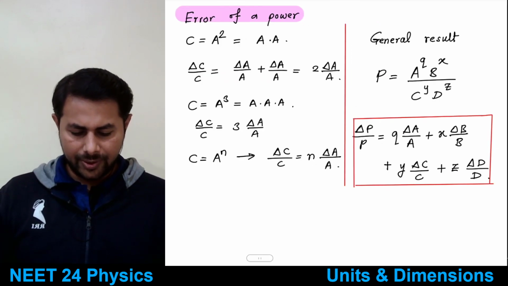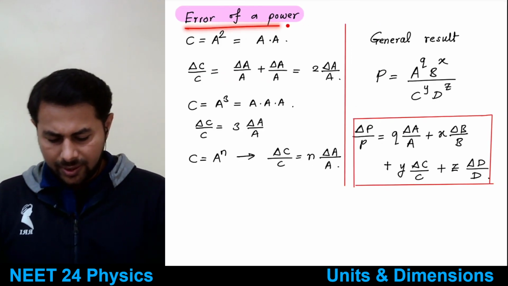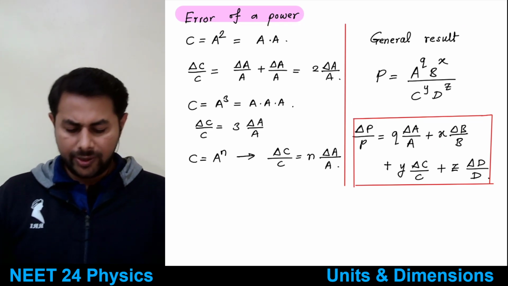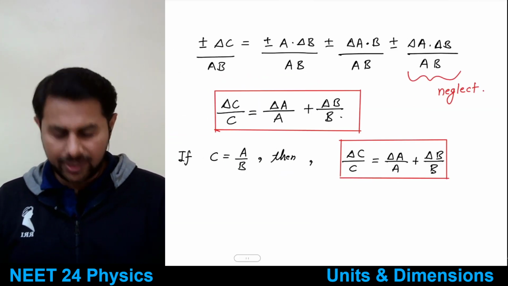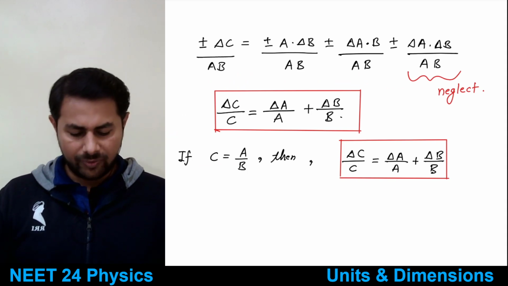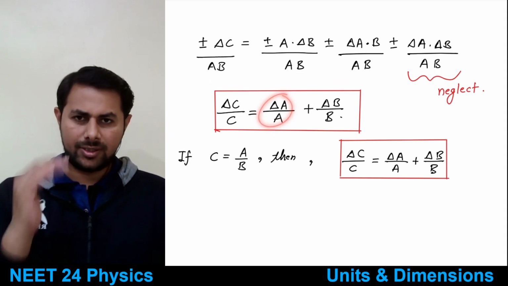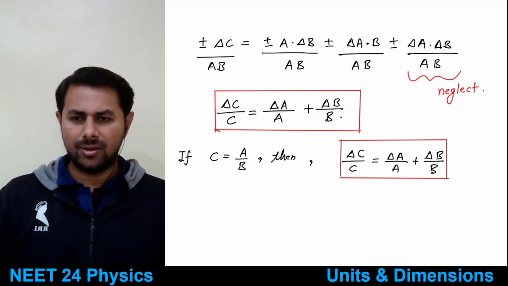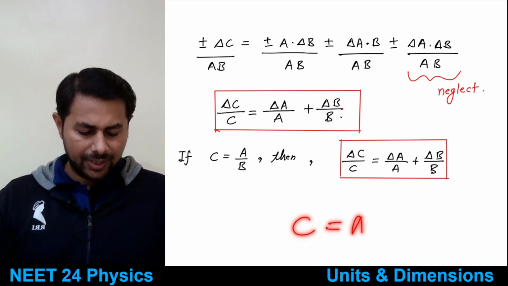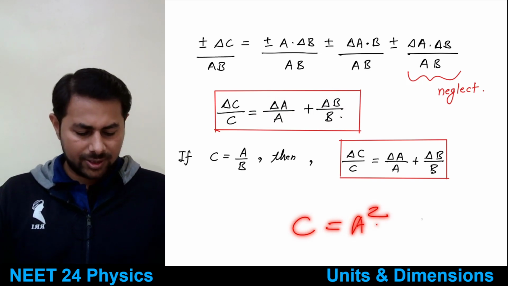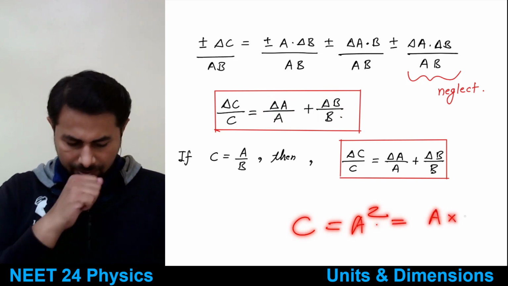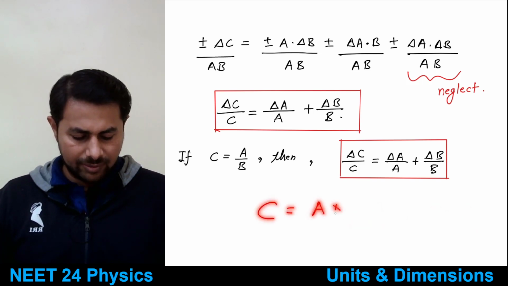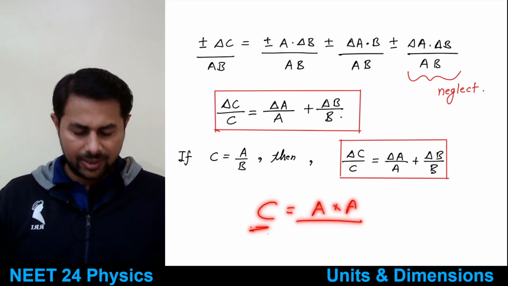Okay, good. Next, error of a power. Suppose you know that if C is equal to A times B, then the relative error is delta A upon A plus delta B upon B. Now suppose C is equal to A square, so I can write this as A times A. So what will be the error in this one?